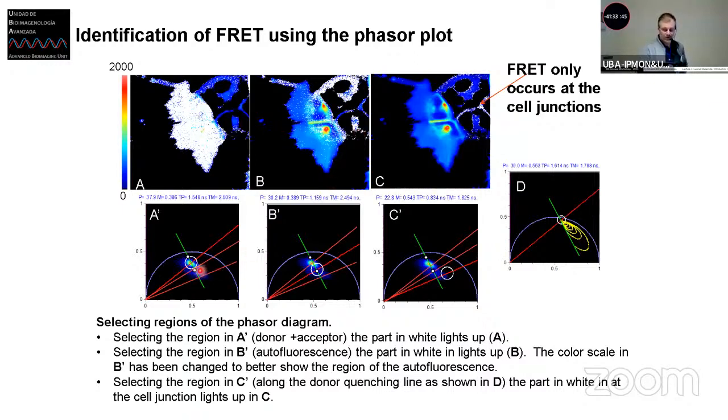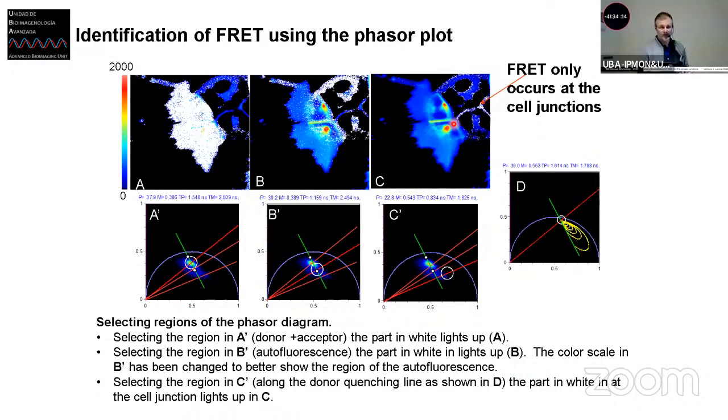And let me show you how easy it is to solve this with Phasor. If we put here, this is the donor alone, and you see the donor alone highlights all the cell. When we look at autofluorescent, you see that here is the position for autofluorescent. There is autofluorescent somewhere here. When we go to the trajectory that predicts the FRET, like here, you highlight only regions where you have the gap junction, where you have the cell-to-cell interaction.